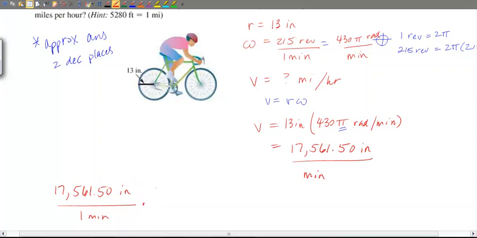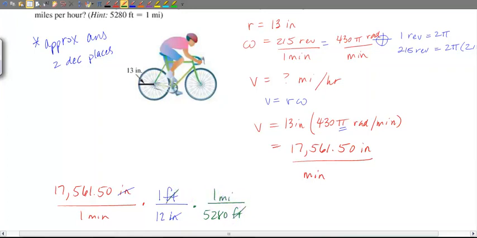So I need the conversion that gets me out of inches and into feet. Hopefully you all remember that there are 12 inches in 1 foot. So because we can write it like this, my inches are going to cancel, leaving me in feet. The next conversion I've got says there's 5,280 feet in 1 mile.